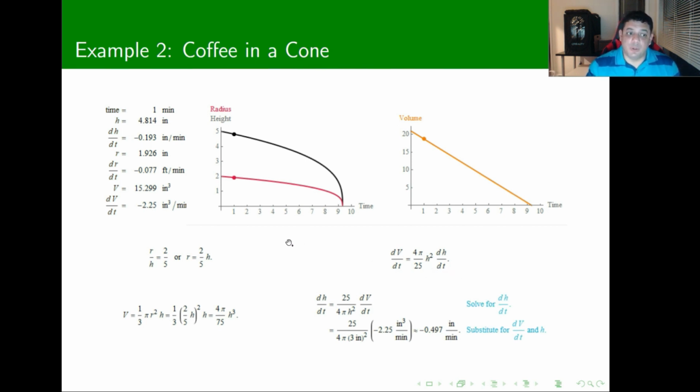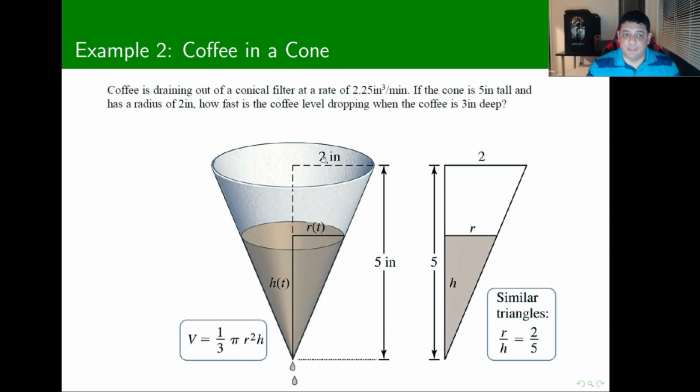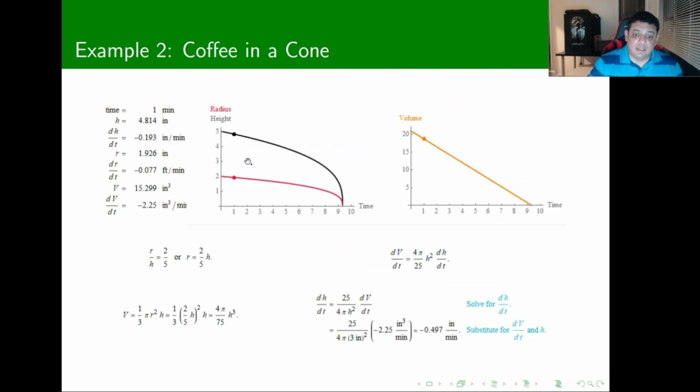Of course, we do know about the speed at which the coffee is draining. The coffee is draining out of the conical filter at a rate of 2.25 inches cubed per minute. So that gives us the information with respect to volume. We don't know the rate of change of the altitude, and that's what we want. But since we know the information about the volume, we can solve for the rate of change of the altitude and then plug in the values.